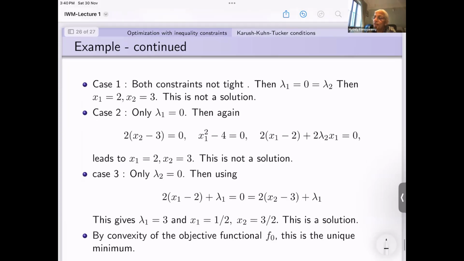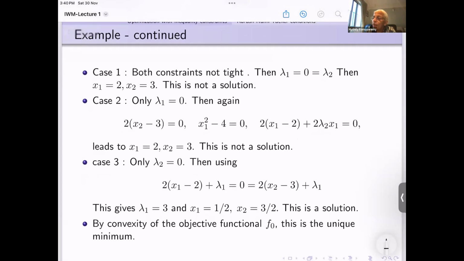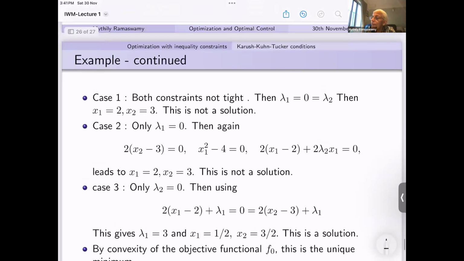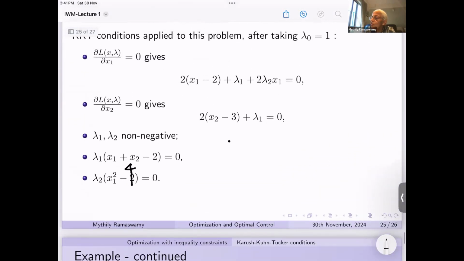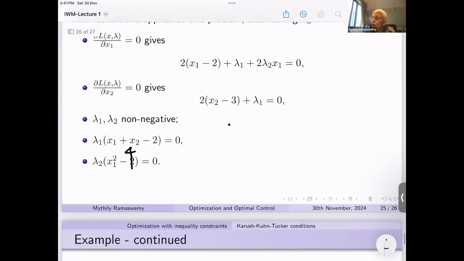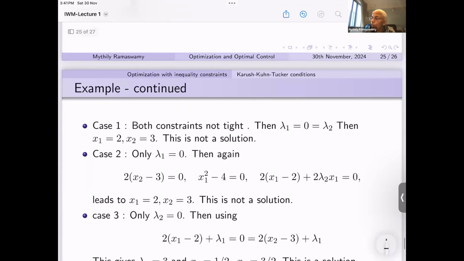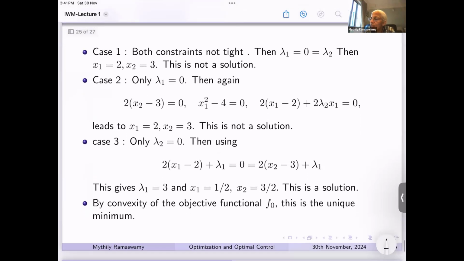So I took up the next one. Lambda 1 is 0. Then again, what happens? I hope this calculation goes through. When lambda 1 is 0, this goes, but this goes. So I get x2 is 3, but I'll have a lambda 2 hanging. So I'll have to solve for x1 and lambda 2. I have done that, I suppose.